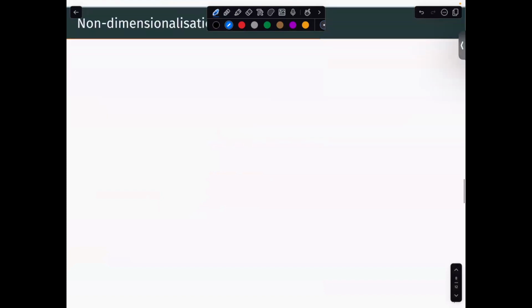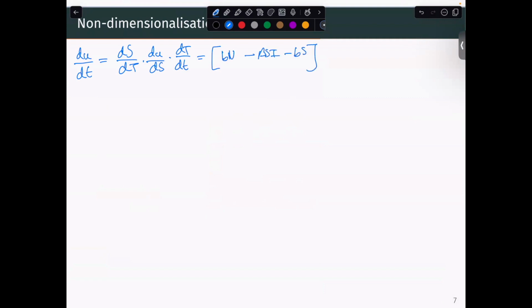Okay, so let's rescale our U class, our susceptible class, first of all. This is going to be the product of dS/dt times dU/dS times d uppercase T by d lowercase t. So this is bN minus beta S I minus bS, all multiplied by 1 over N times gamma plus b.